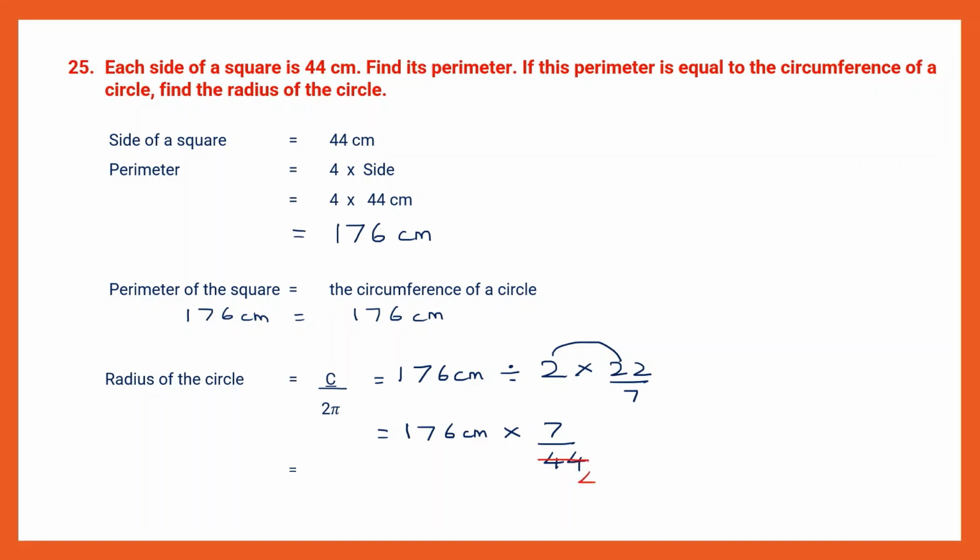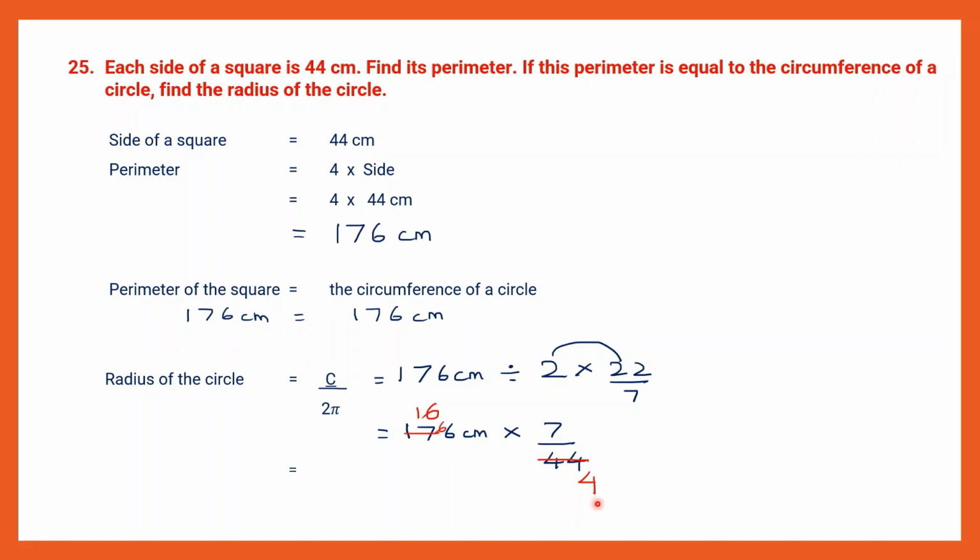11 fours are 44. Now 17, 176, I'm taking only 17. 11 ones are 11. So 17 minus 11 is 6, so I get 6 here, 66. So 11 into 6 is 66. So in my numerator, I have 16. Denominator, I have 4.